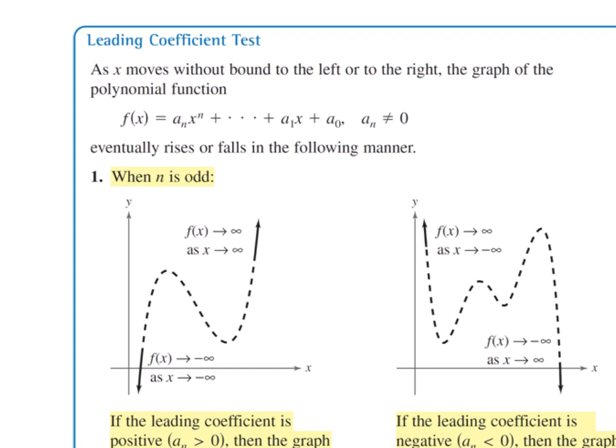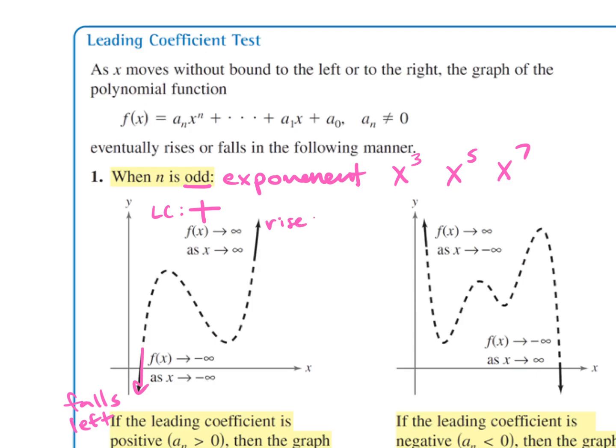When n is odd, so when we have an odd exponent, something like x cubed or x to the 5th power, x to the 7th power, whatever it may be, our end behavior of our graph is going to go in opposite directions. If our leading coefficient is positive, our graph falls to the left and rises right.